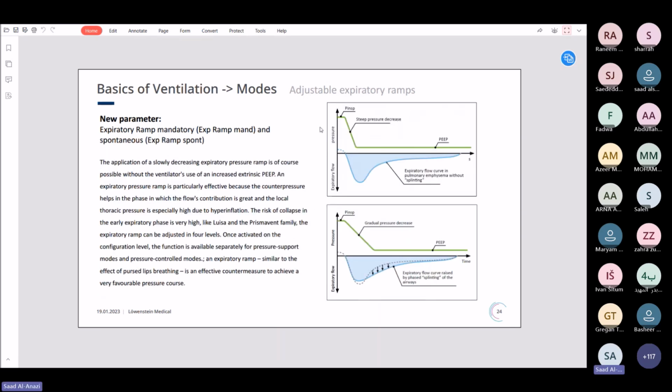As you see here in the graph for the expiratory ramp mandatory, when it's on, you can see the pressure gradually decrease and the expiratory flow curve rise by the phase splinting of the airway. So this will help you reduce the intrinsic PEEP and also remove all the air from the lung on exhalation.